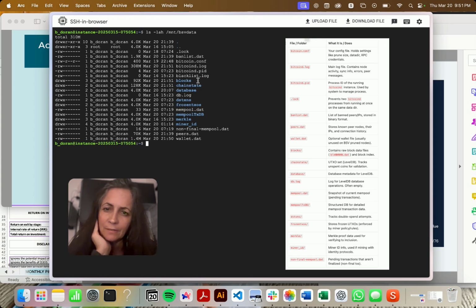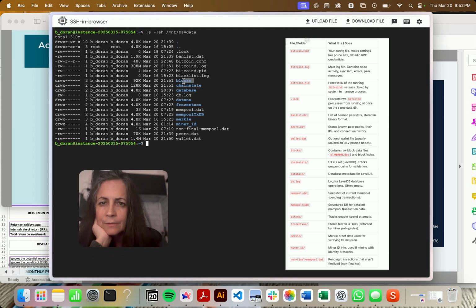This one, let's see, is it the blocks? Yeah, I think it's this one, the blocks. I've seen it as blk.dat, and all blocks are stored in these files.